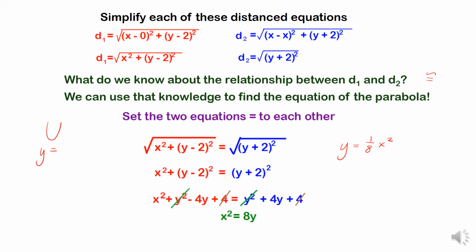Now that we have that, we know that the standard form of the equation is y equals 1 over 4p x squared. And that tells us that p equals 2. So that gives you a lot of information just by having this formula. Okay? All right. And there it is. And we are good to go.